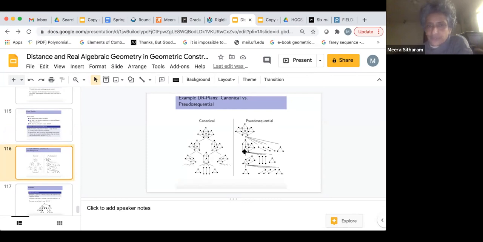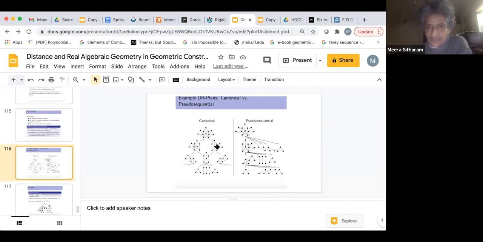What we're going to do is create a DR plan which takes one of the two rigid subgraphs with non-trivial intersection and splits them up completely into the next level.